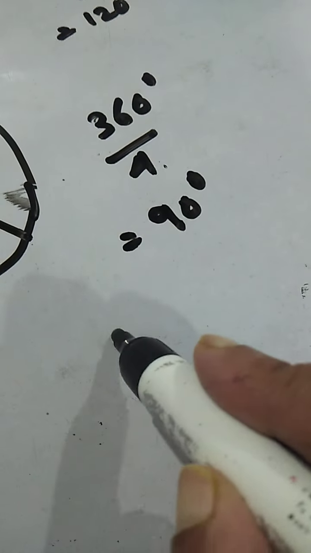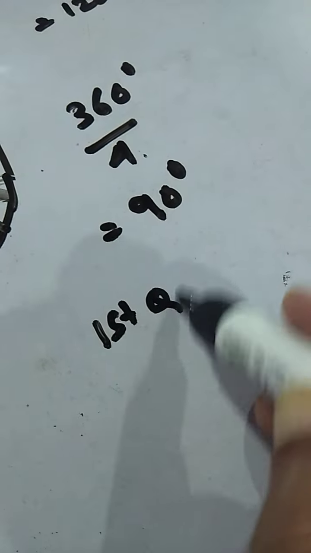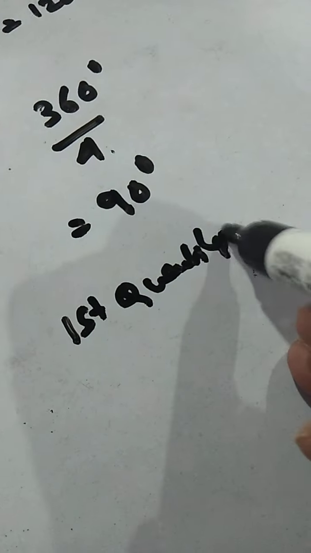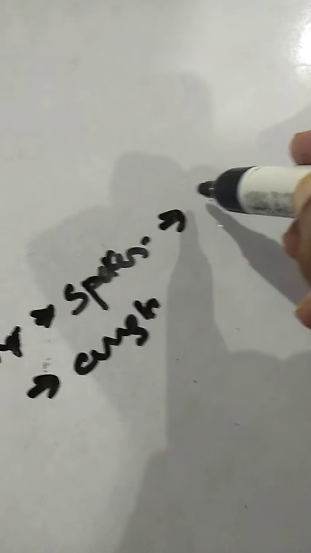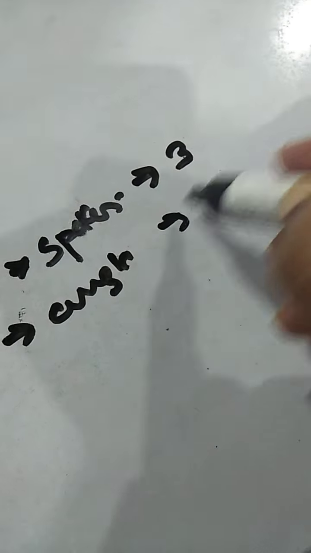So suppose the first quantity is spokes, and the second quantity that we are talking about is angle. So when the number of spokes is 3, then the angle is what? 120 degree.